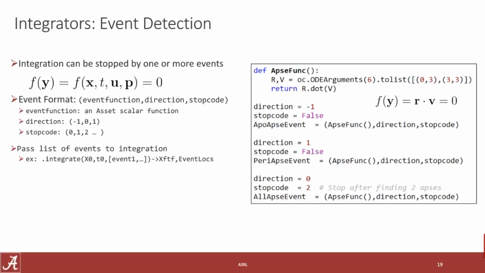So say we want the apoapsis only, you can do direction -1 for this apside function. That means it's going to trigger when your r·v, as you fly through apoapsis, goes from a positive scalar to a negative scalar.